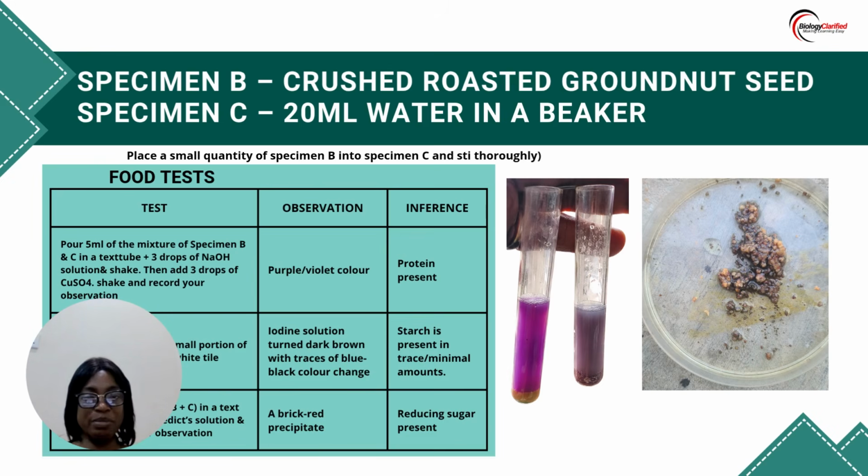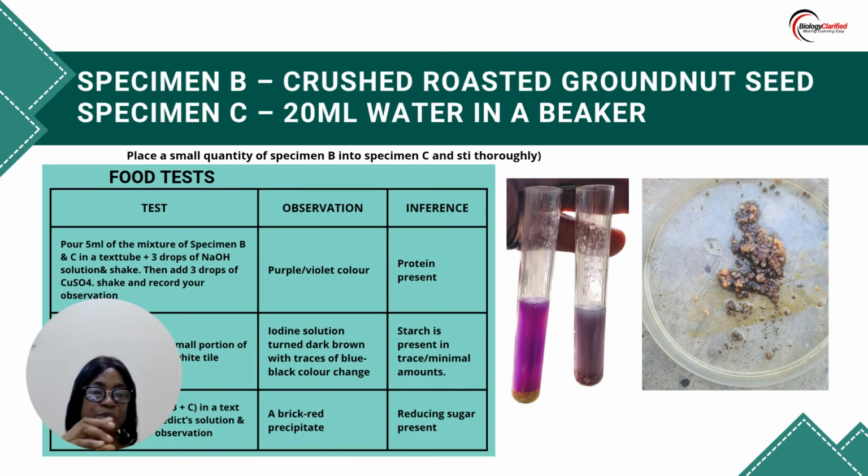The second experiment is the use of Benedict solution. Anytime you see Benedict solution being provided, it is an attempt to test for reducing sugar. Reducing sugar is a disaccharide under carbohydrates.